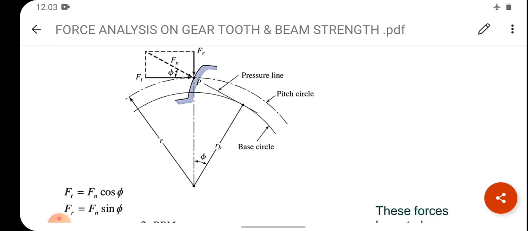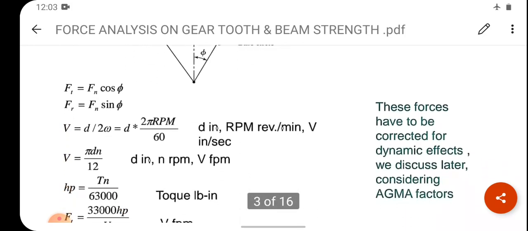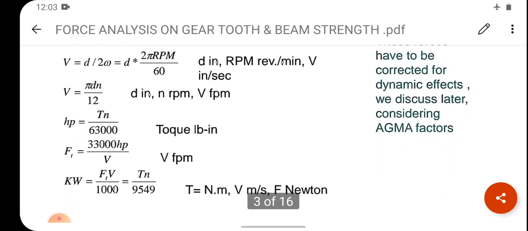Similarly Fr, that is radial force. Ft is nothing but the tangential force on the gear. Fr is the radial force on the gear, that is Fr is equal to Fn sin phi. Again, a different formula related to gears is given as V is equal to d by 2 into omega. So omega is nothing but 2 pi N upon 60. You know this formula, this is the basic formula.